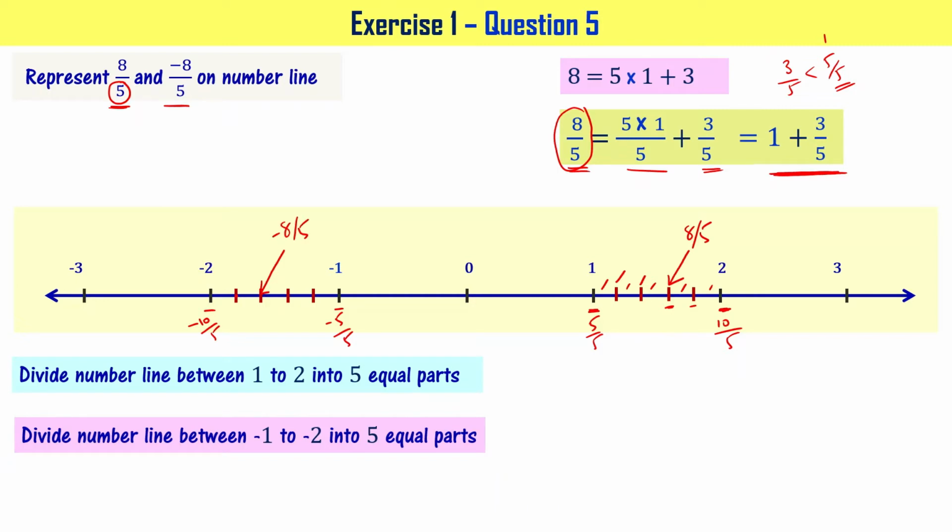You look at this. This is minus 6 by 5, minus 7 by 5, minus 8 by 5, minus 9 by 5, and minus 10 by 5, right? So we could mark 8 by 5 and minus 8 by 5 on the number line with the help of this particular expression, right? We have expressed 8 by 5 as 1 plus 3 by 5. That's why we have marked the region between 1 and 2. Got it?